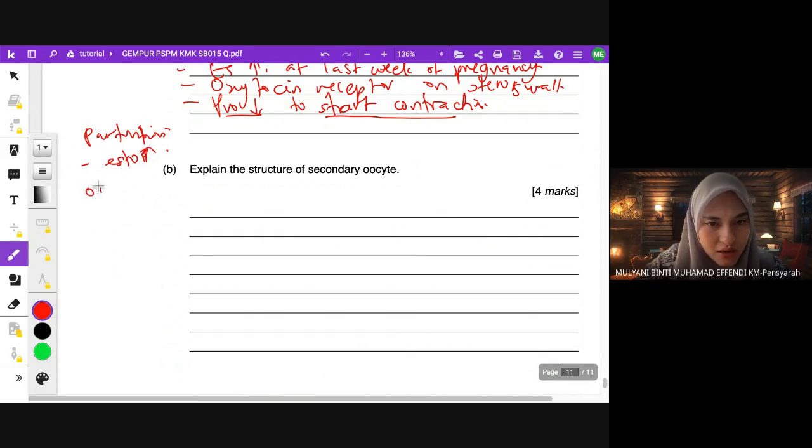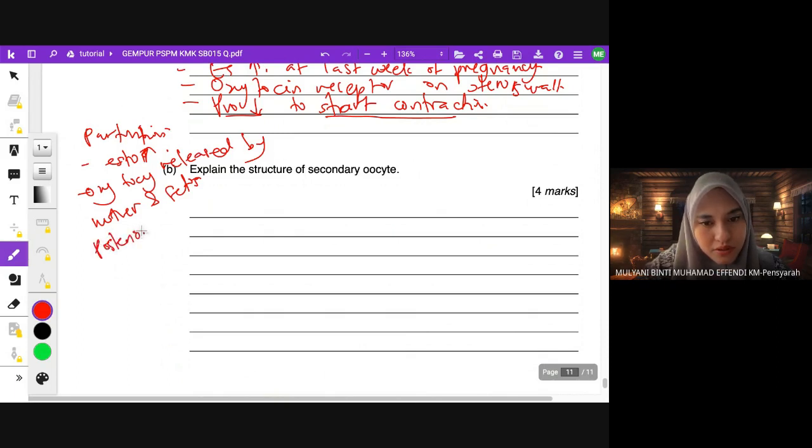Estrogen high, oxytocin release by mother and fetus. Mother and fetus punya posterior pituitary gland.